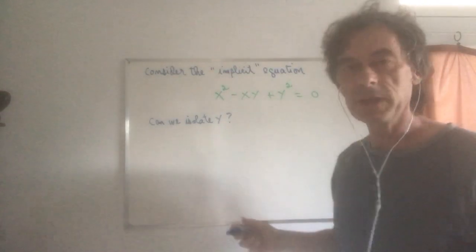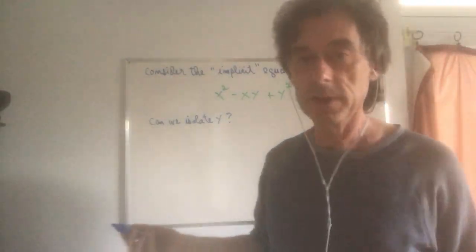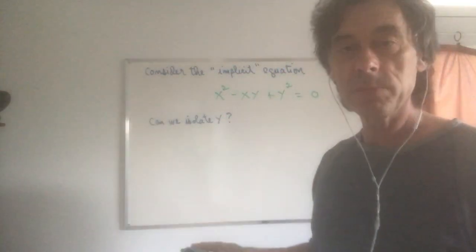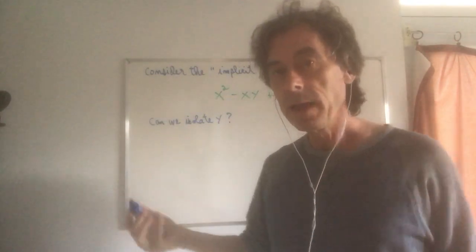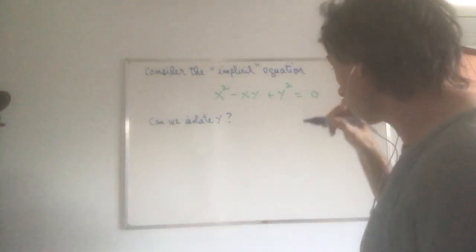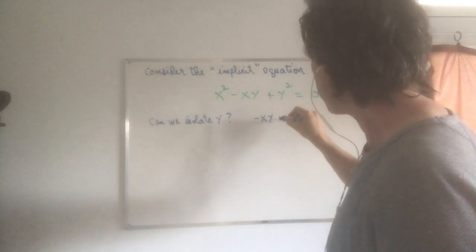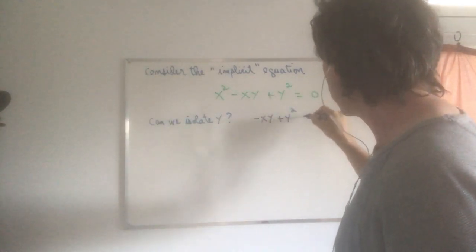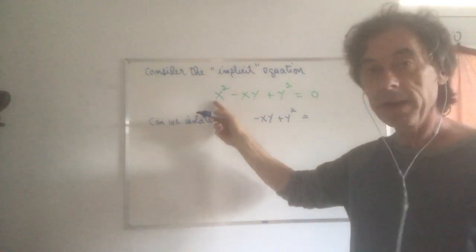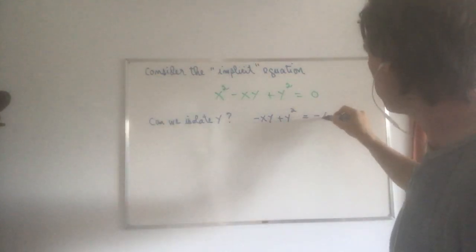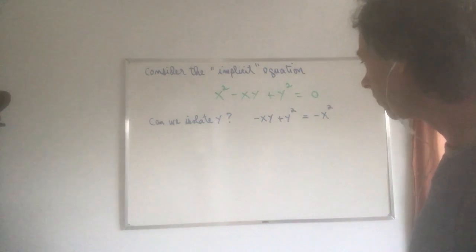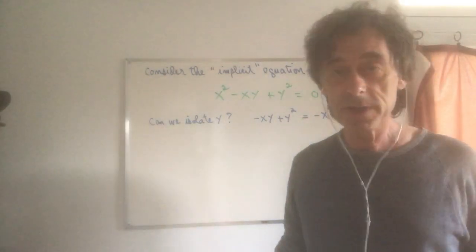It's not usually a very complicated strategy to isolate y. We keep the terms that have a y on one side and move the terms without a y on the other side. So this has a y, and this has a y. The only term without a y is the x squared, so we move it to the other side, minus x squared. That's the standard strategy, isn't it?